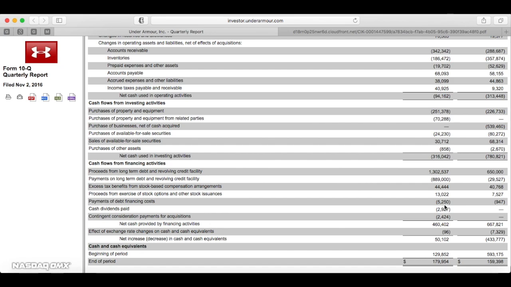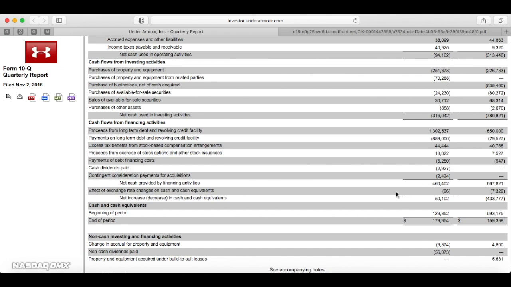Now, other things like cash dividends paid. This is where Under Armour, I think, just paid a one-time dividend. I don't believe they pay a regular dividend, or maybe only one class of their shares earns a dividend. But it gives you an idea. If you're investing in a company like AT&T or Apple or Microsoft or any of these companies that pay a regular dividend, that would be an interesting line as well.